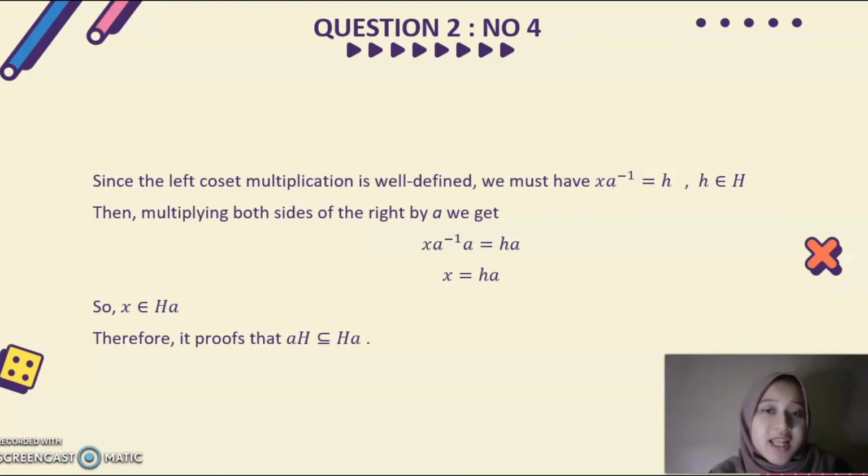Since x is an element in aH, it proves that aH is a subset of Ha.